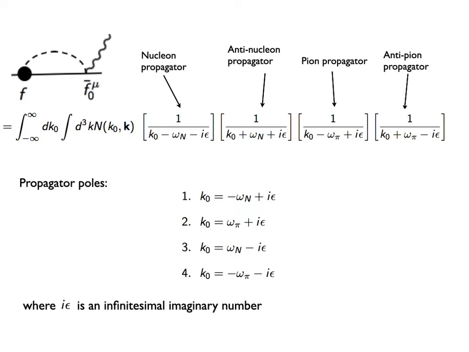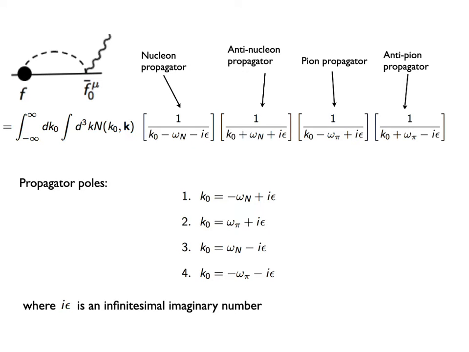Because the omegas are real, and the imaginary term i epsilon is extremely small, each of these poles is located extremely close to the k0 integration contour along the real axis, which would be okay if we were doing the integral by hand, but when a computer does an integral numerically, it can't tell the difference between poles that are close to a contour and poles that are sitting right on top of it.